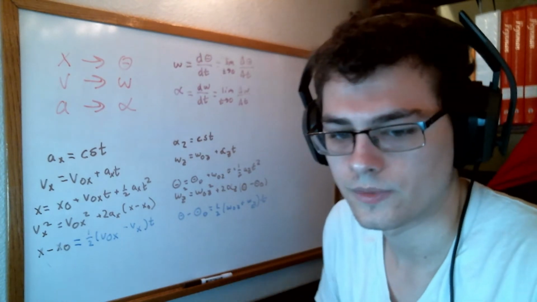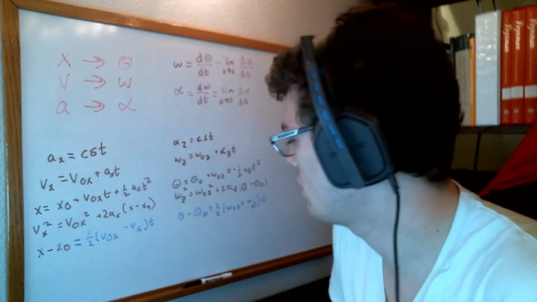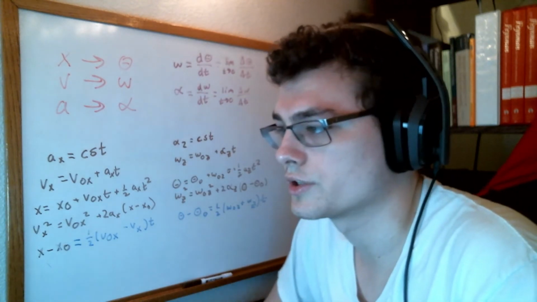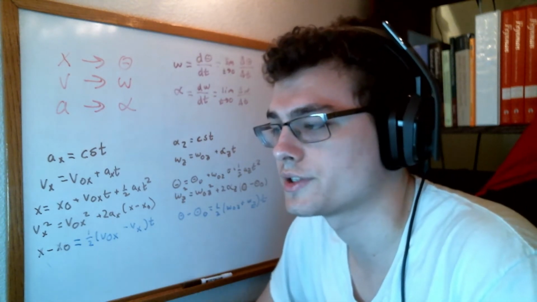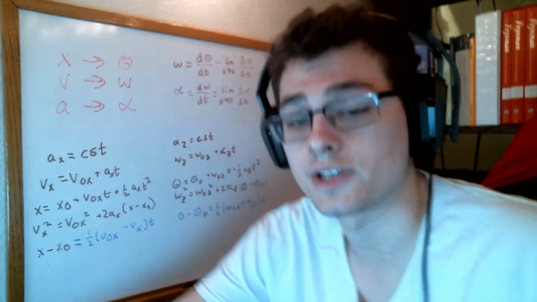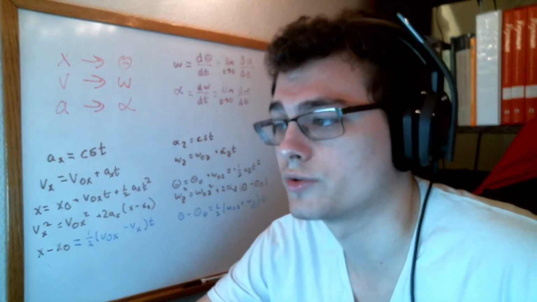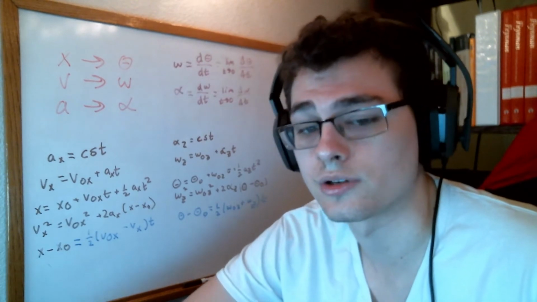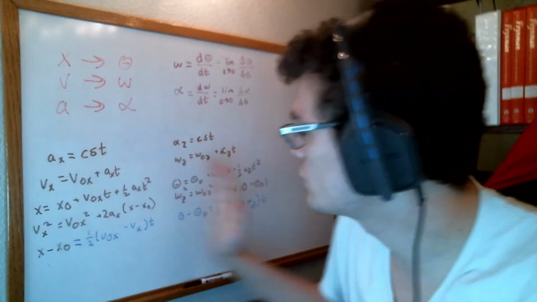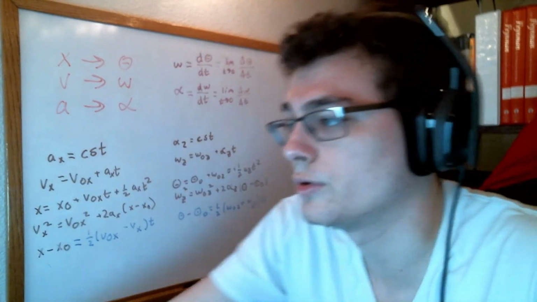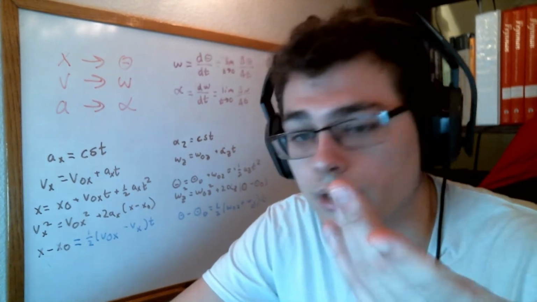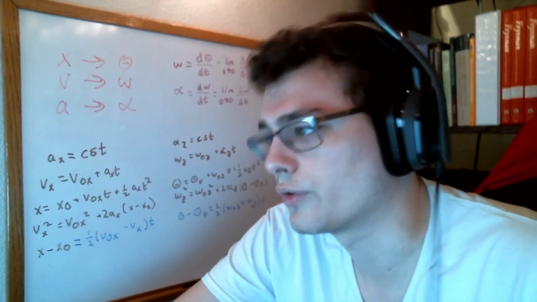Okay, so now we've gone through and detailed all of our kinematic equations for fixed axis rotation and constant angular acceleration as a comparison with our straight line motion with constant linear acceleration. So you can see that these two sets of equations are going to be equivalent to each other, barring a conversion from one to the other.